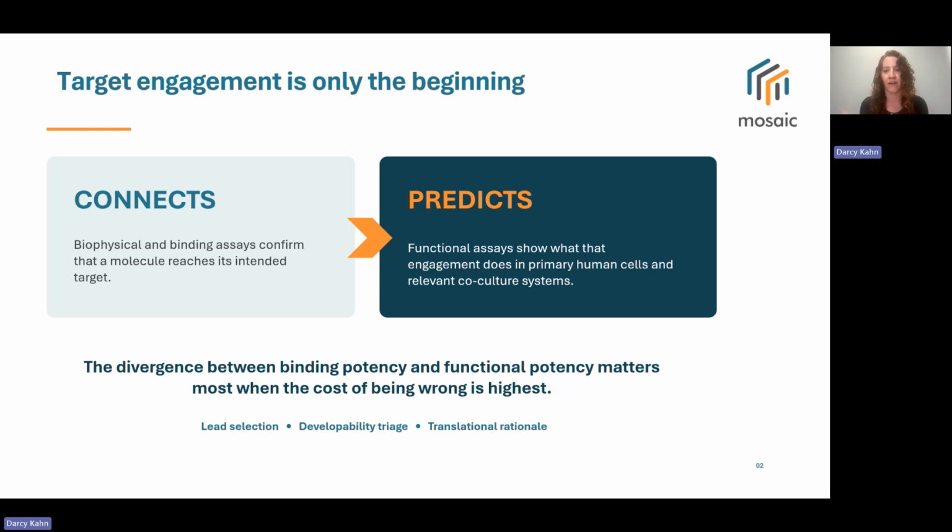Two molecules can have very similar affinity for their target and produce very different amounts of actual killing because things like epitope location, the geometry of the synapse, these things determine whether engagement actually translates into a productive killing signal. So, a molecule can bind beautifully and still underperform functionally. In rarer cases, it can be the opposite, where it can bind modestly and outperform on function because the geometry happens to be just right. And so binding will tell you that it connects, but it doesn't tell you what that connection does.